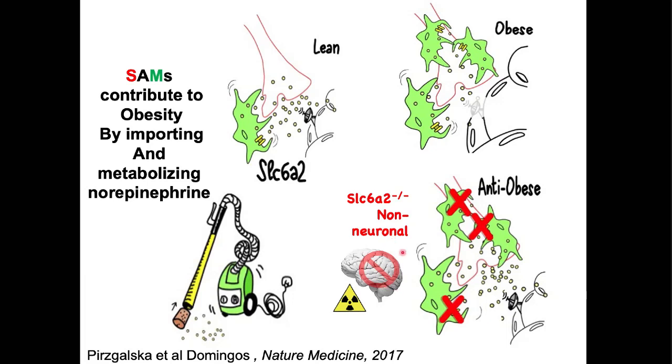We demonstrated that this approach spared the brain, because the bone marrow transfer cells do not repopulate the brain, but they do repopulate the immune system and lineages that derive from the bone marrow, which is the case of these cells. We demonstrated that this brain-sparing approach is sufficient to mitigate obesity.